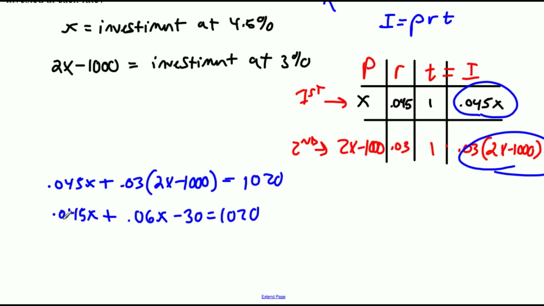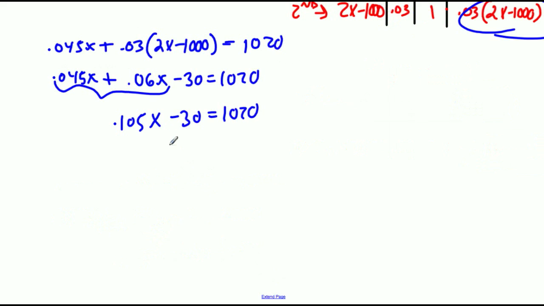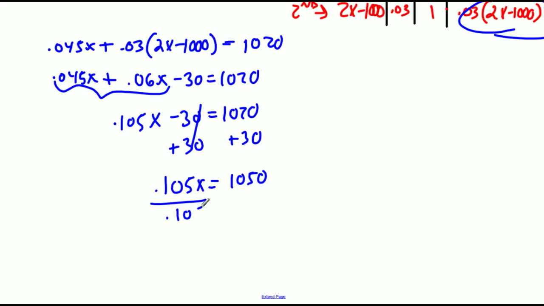Now I'm going to combine these together and get 0.105x minus 30 equals 1020. Go ahead and add 30 to both sides, cross those out, and get 0.105x equals 1050. And now let's divide both sides by 0.105.